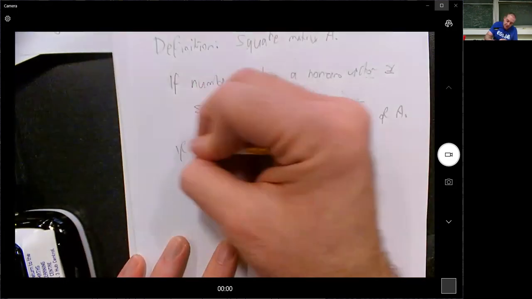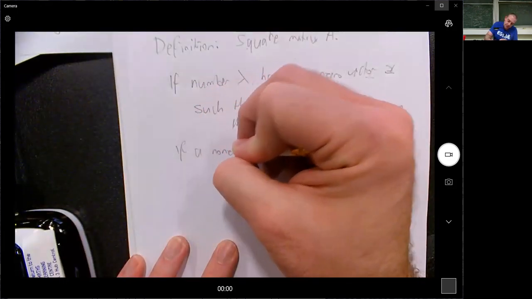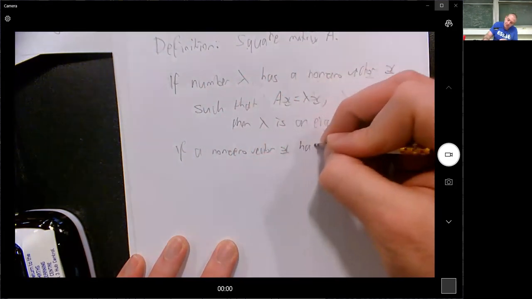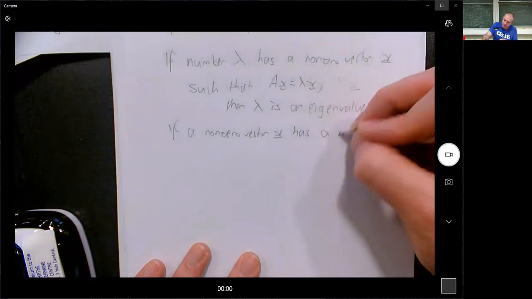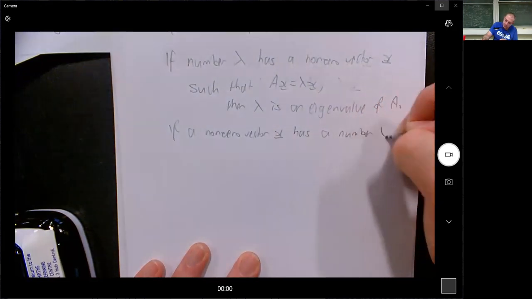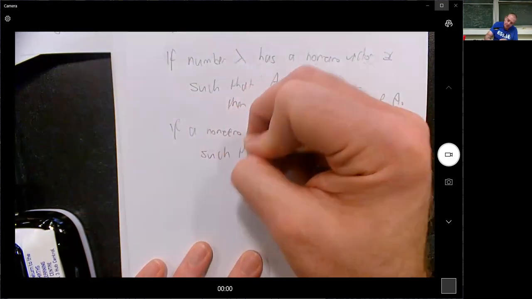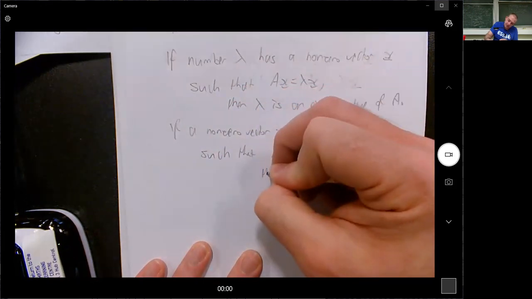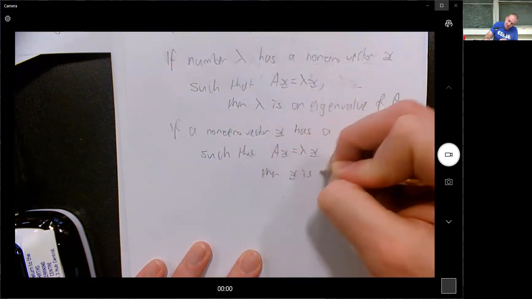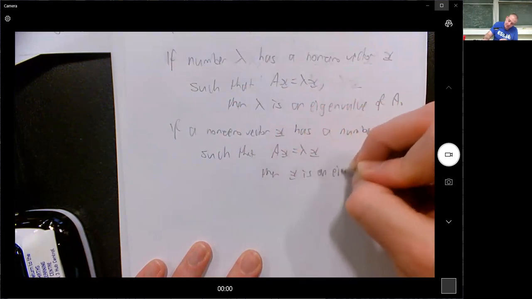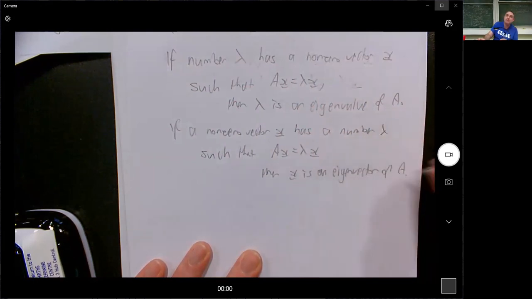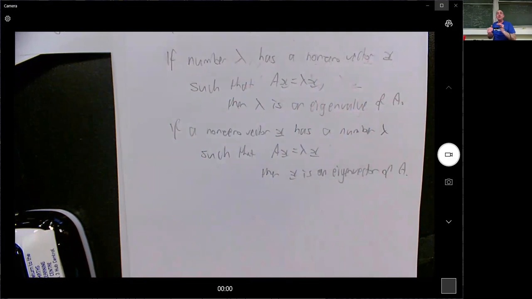And if a non-zero vector x has a number lambda such that Ax equals lambda x, then x is an eigenvector of A. They're the same definition really, but one is about the number and the other one's about the vector.